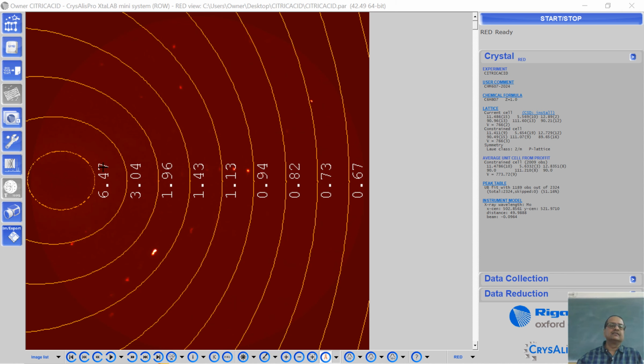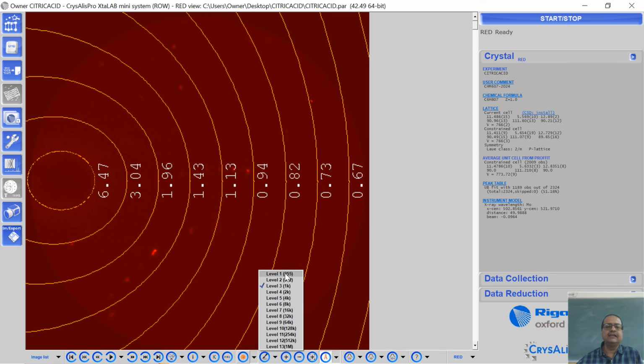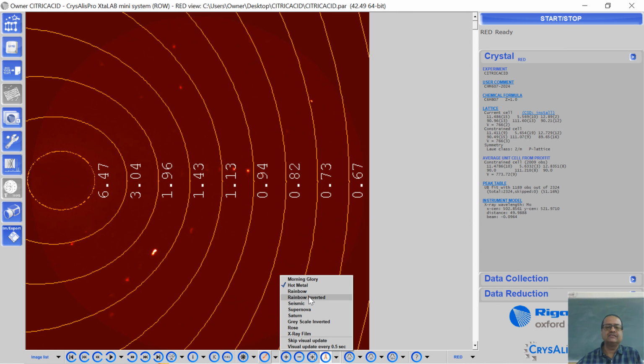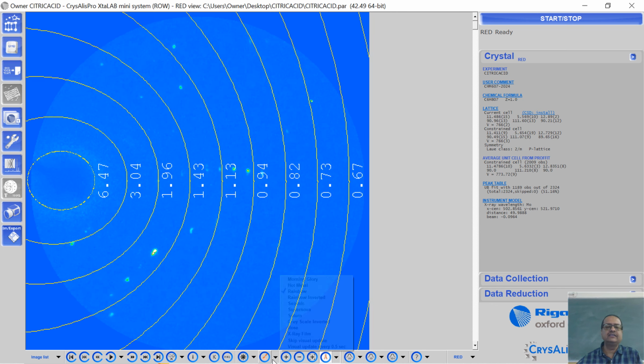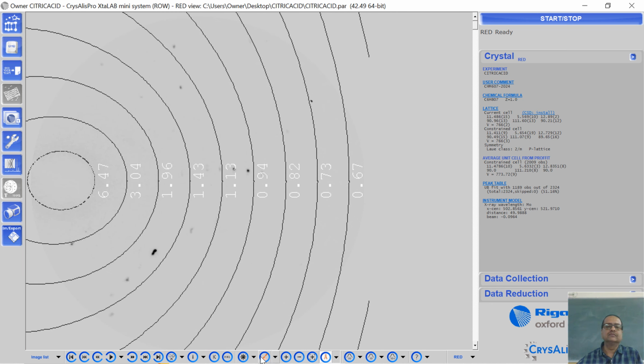What we see here, that bigger circle, is the detector surface. One can reduce the intensity scale level with that. You can change the way you want to see it. This is up to you.